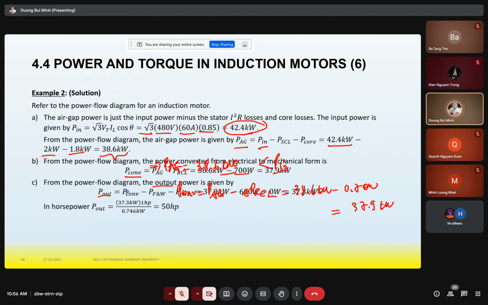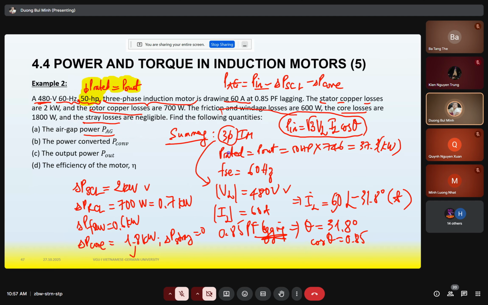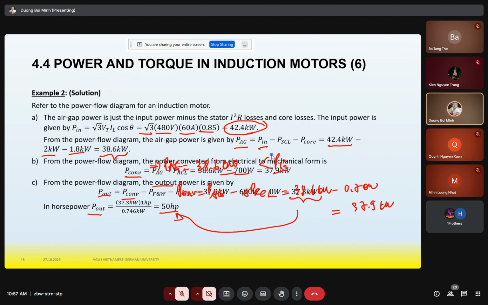The output power is P convert minus friction and windage loss minus stray loss. You get 37.3. This is similar to the output power the question gives us, 50 HP. So 50 HP means P out, and if we calculate the power flow diagram, P out is also equal to 37.3. So the result is consistent.